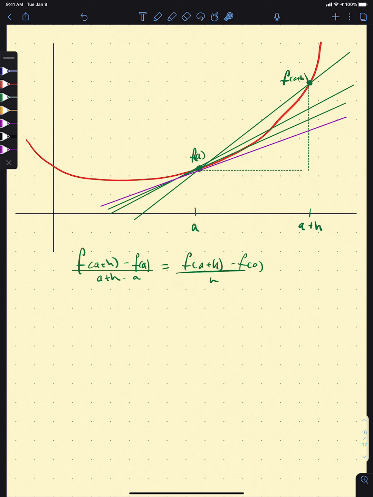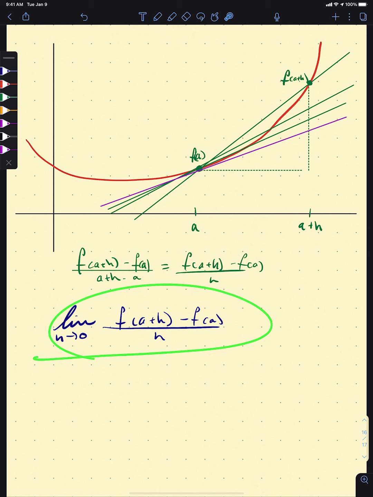You can totally treat this like a purely algebraic expression, right? You can take the limit as h goes to 0, that's going to shrink our interval. We can take this limit, right, for some value a, f of a plus h minus f of a over h, right? And this is going to give us the instantaneous rate of change at this value a, right? You can absolutely treat this like a purely algebraic expression, and you'll get some number out the other end that gives you the instantaneous rate of change.